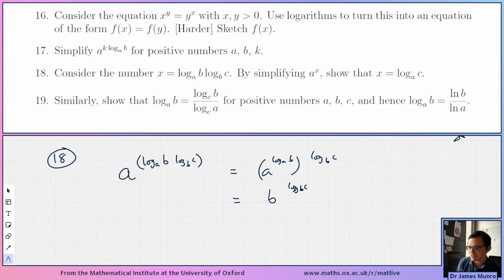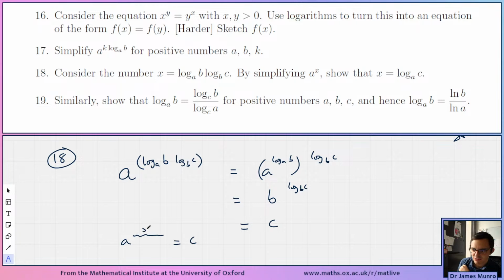I suppose the difference here is that then I get to do it again, which is that I get to write down that this is b to the power of, well, now I wasn't really paying attention to what this was as I write out these lines, but this is b to the power of log base b of c, which is just c. So after simplifying quite a lot, I have a to the power of something is just c. Oh, I've given this a name.